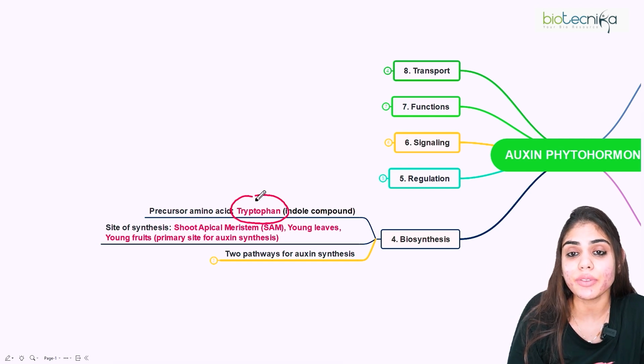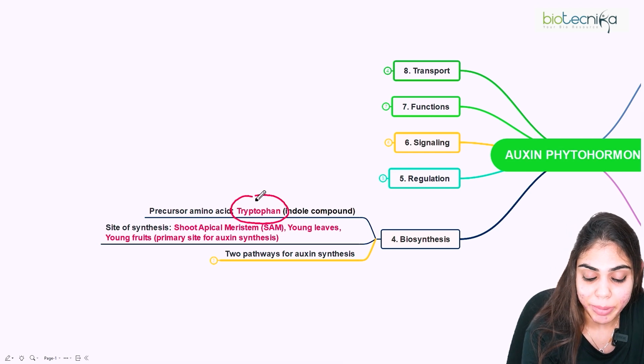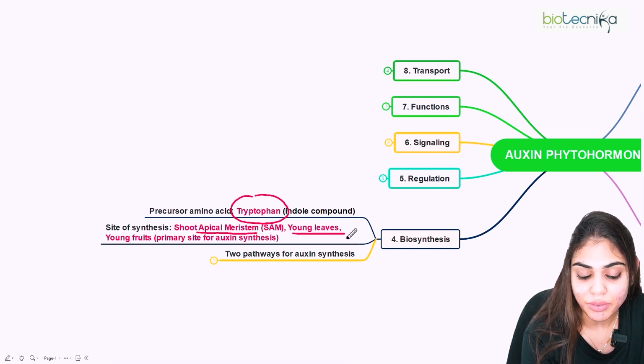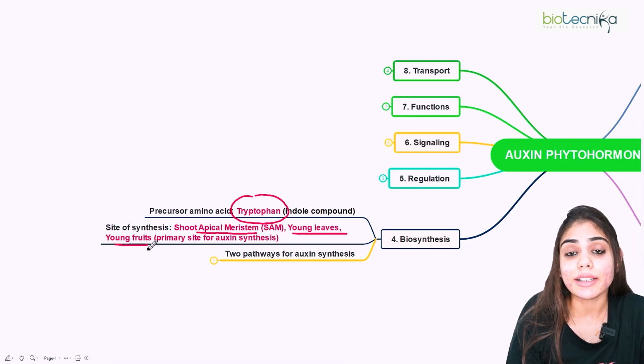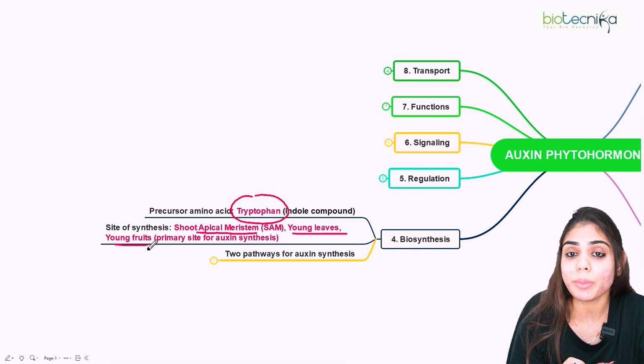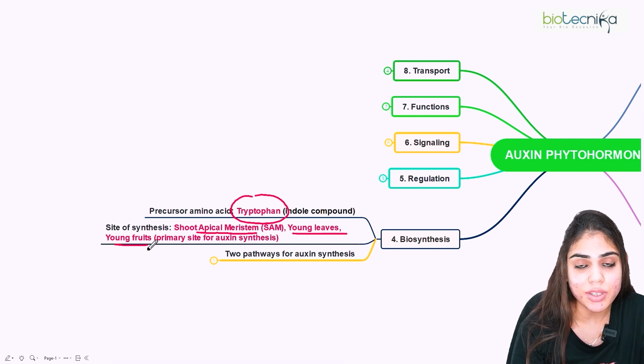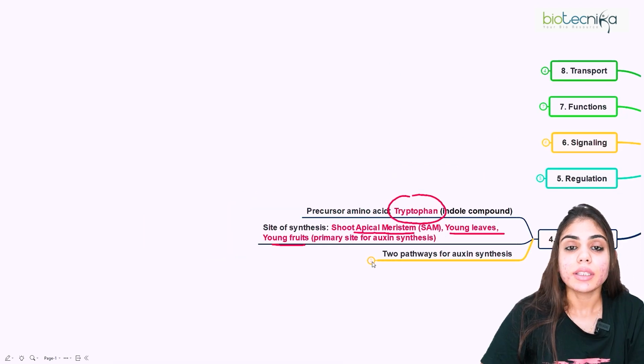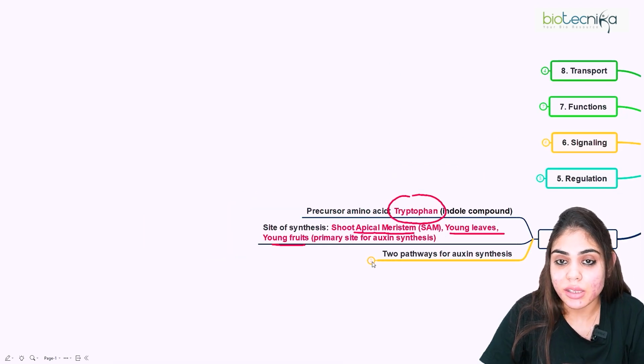Now what are the sites for the synthesis? It is the shoot apical meristem, young leaves and young fruits. They are the primary sites for the synthesis of auxin. You have to remember the SAM, young leaves as well as young fruits. Now there are two pathways for the synthesis of auxin.